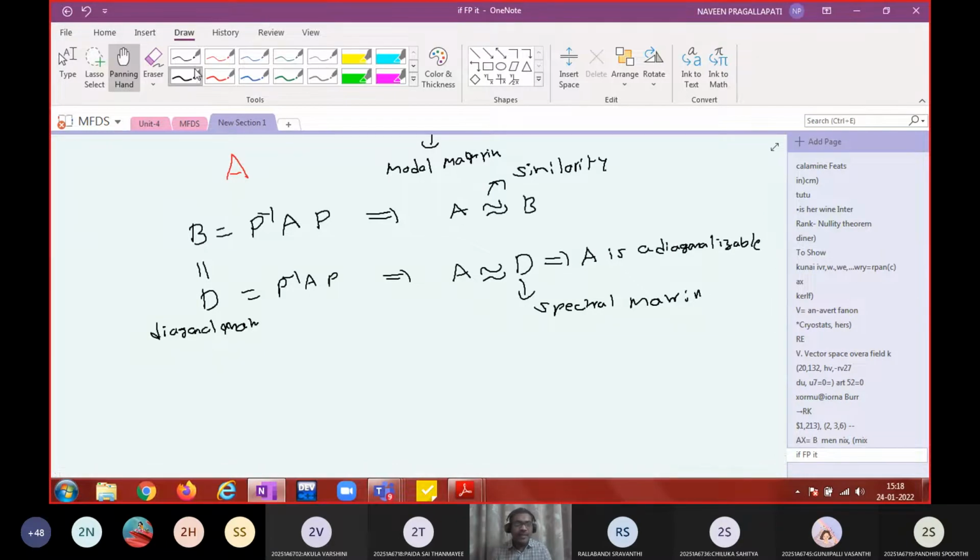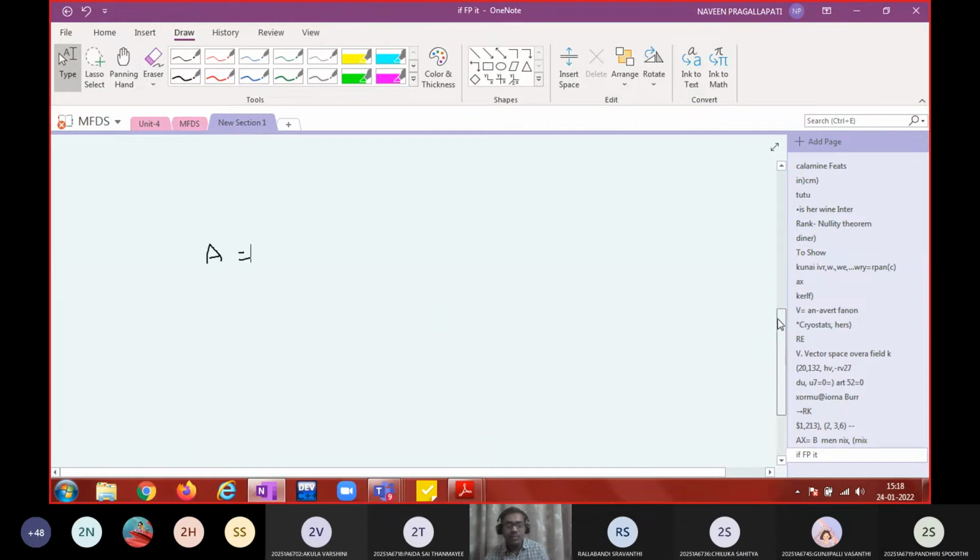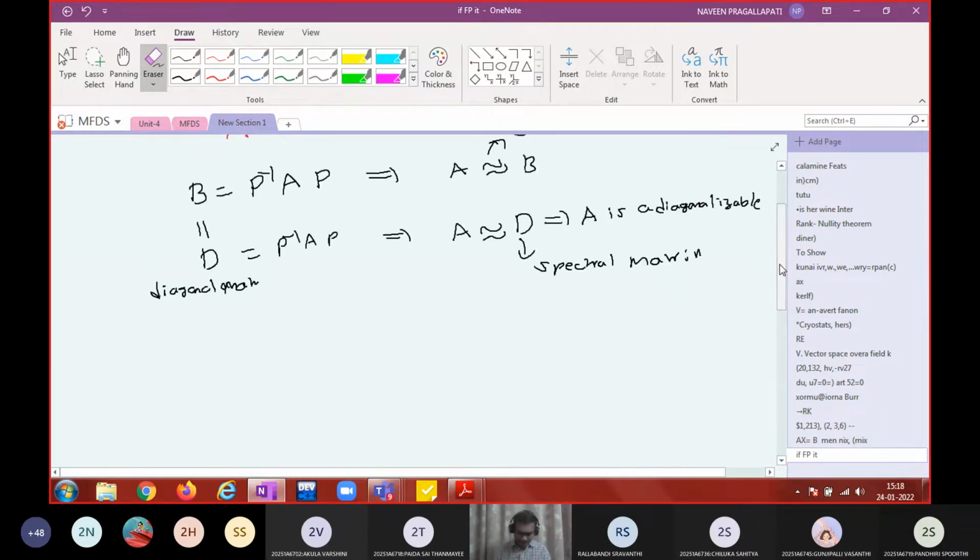It means expressing A equal to P D P inverse. What is P? P is just a non-singular matrix.